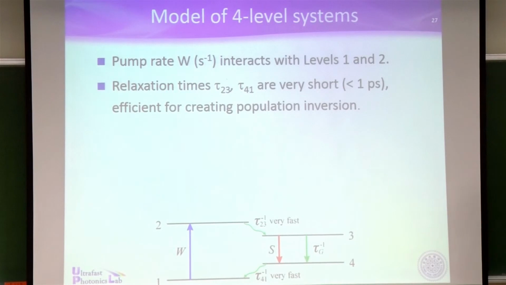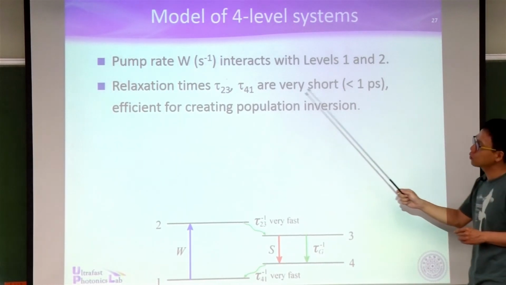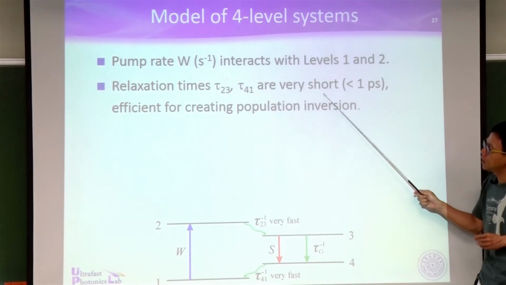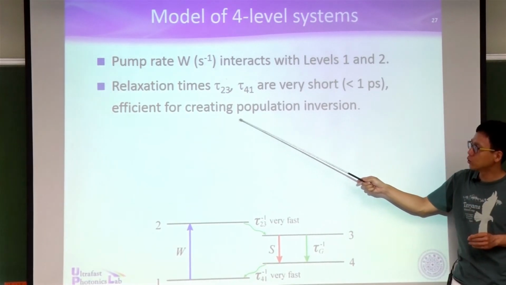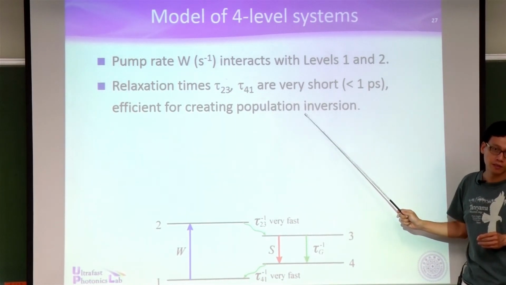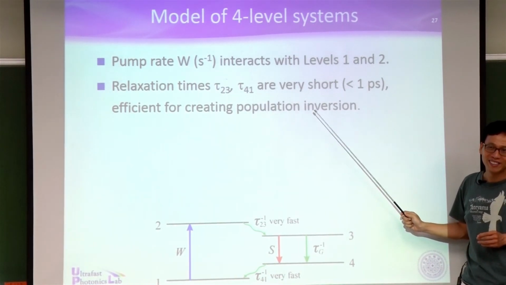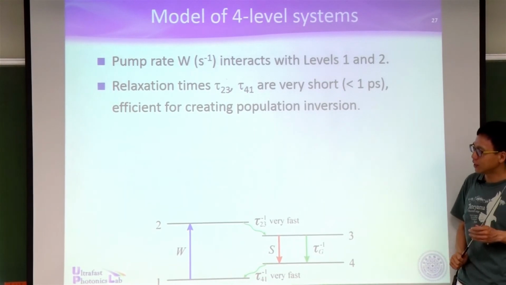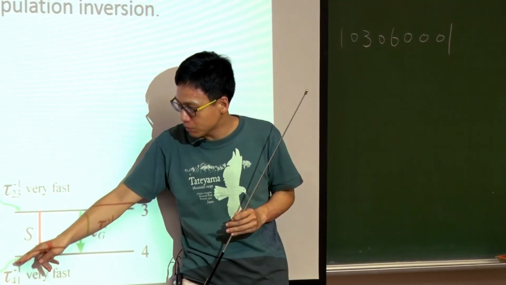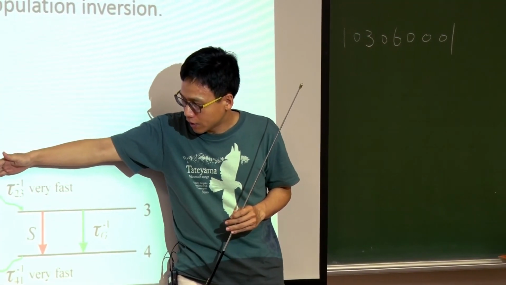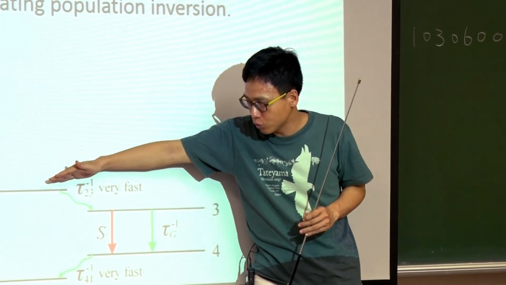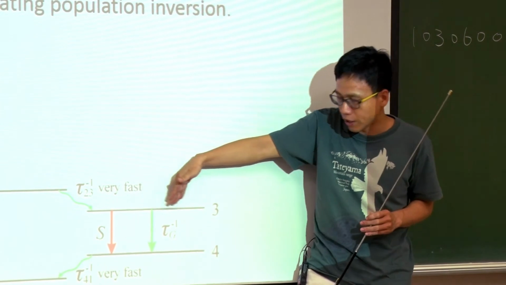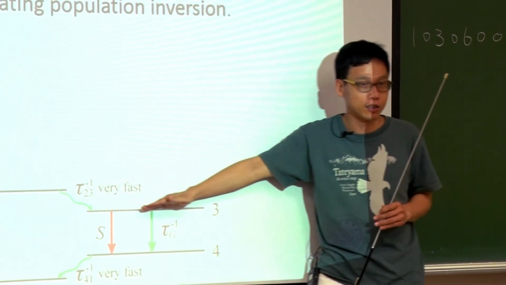And it's of great advantage because if tau 2-3 and tau 4-1 are very, very short, then it's very efficient to create population inversion. Why? If they are very short, that means electrons on level 2 will be quickly dumped to level 3, then staying here.